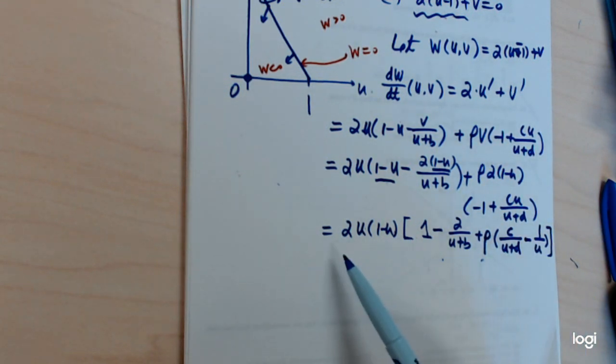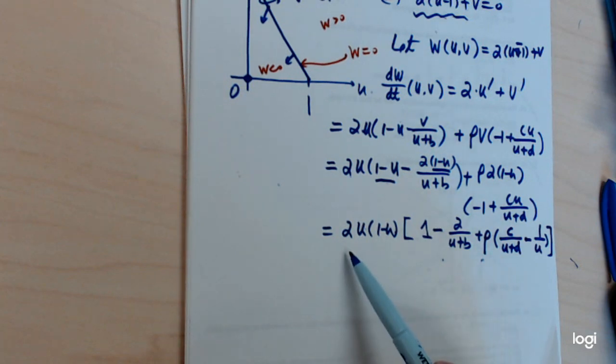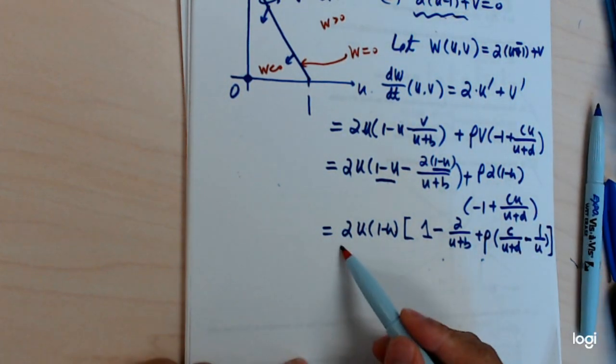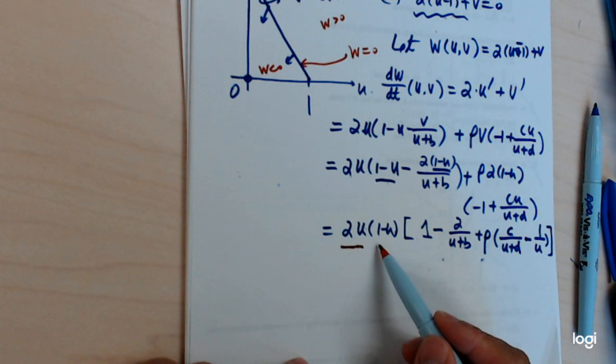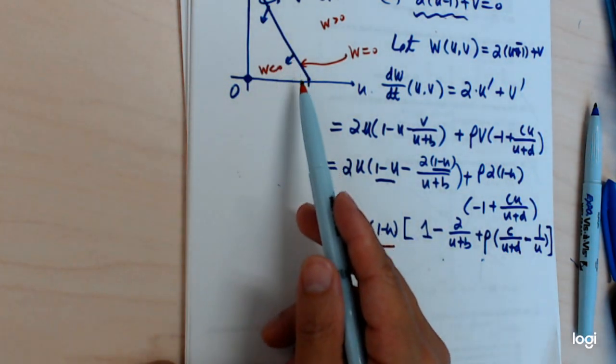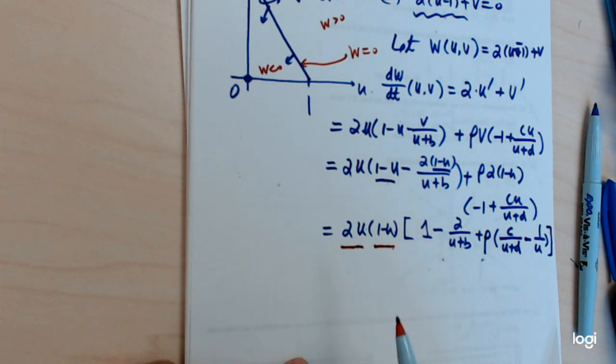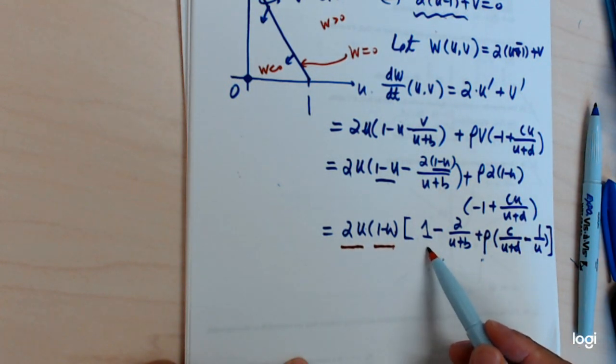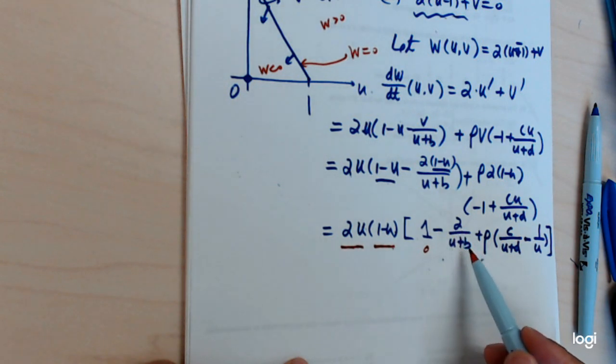So now if you look at this formula that we had, always positive. 1 minus u is always positive because on this side, along the straight line here, u is always less than 1. So this is also positive. Here you have something like 1 minus alpha over u plus b. Sorry, 1 minus u plus b.